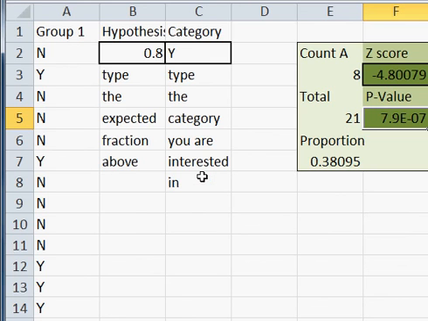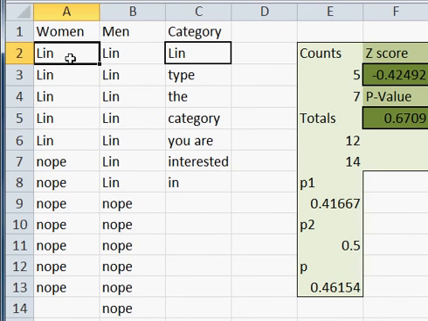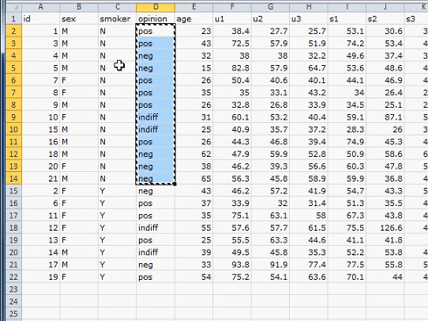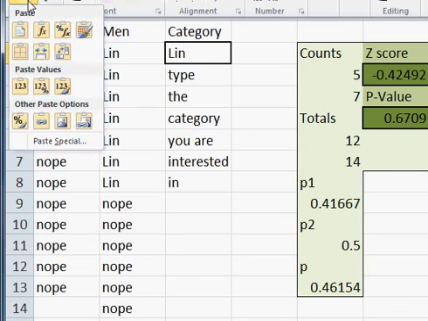And I'll go back over here. This is a z-test for the difference in proportions. So these are non-smokers. And I will paste the, oops, we need to copy again. And we paste values.